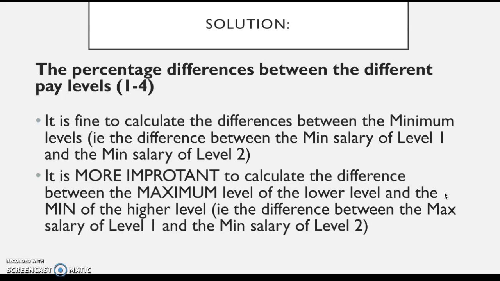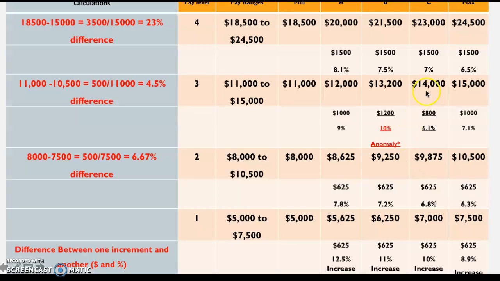That's fine, but it is much more important to calculate the difference between the maximum of the lower level and the minimum of the higher, so the difference between the maximum of level 1 and the minimum of level 2. When designing compensation structures, 1, you need to make sure there's no overlap, and 2, you need to make sure there is a definite gap between the two levels. So let's look at this, yeah?